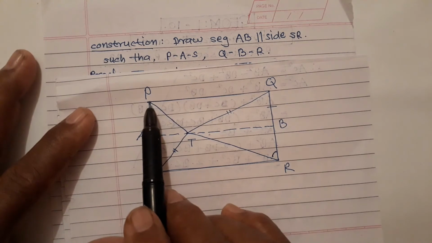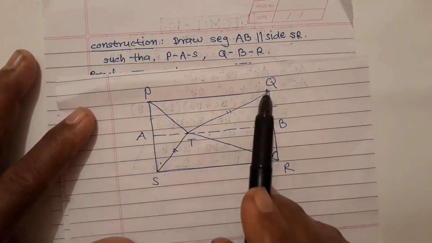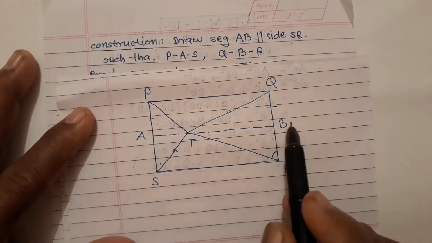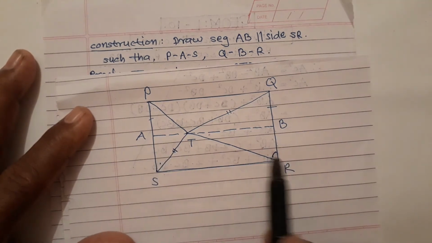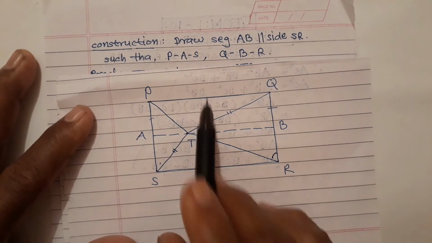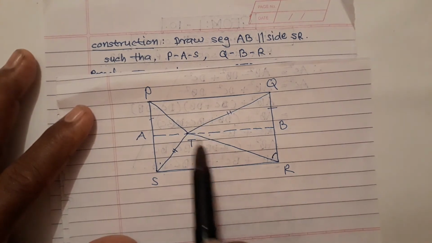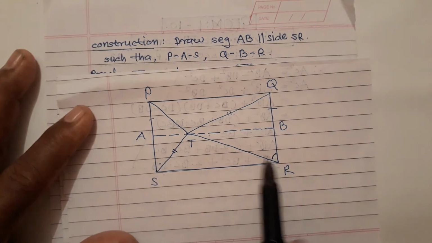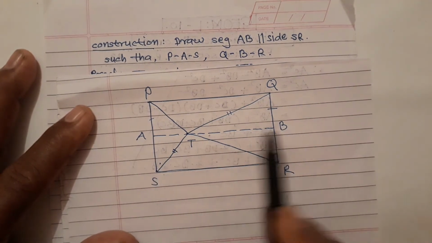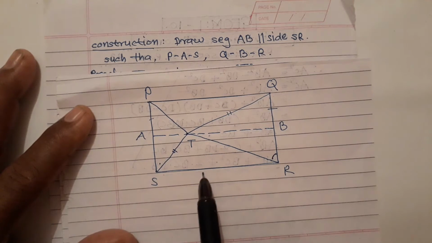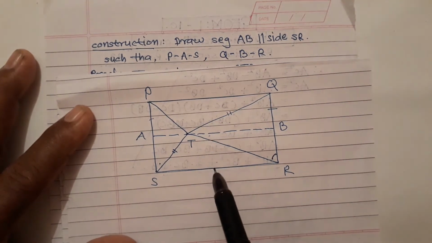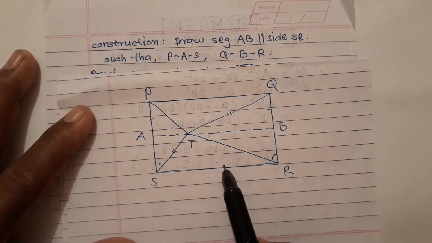This is rectangle PQRS. This AB is parallel to SR. Now you know in a rectangle opposite sides are parallel to each other, and therefore PQ is parallel to SR, and line AB is parallel to SR, therefore PQ is parallel to AB, which is parallel to SR, means these three are parallel to each other.